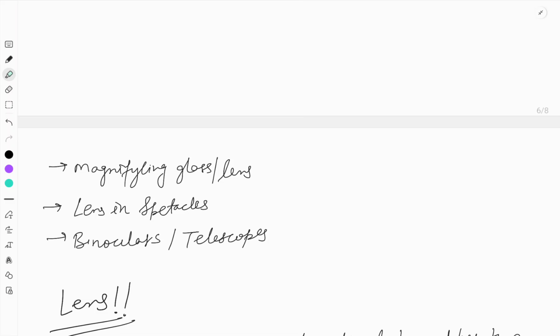How do those lenses make us see clearly? That's a really good thing to know, because a lot of people wear spectacles. You must know people around you, one of your friends must wear spectacles. So how do they work?